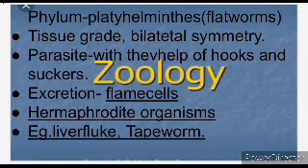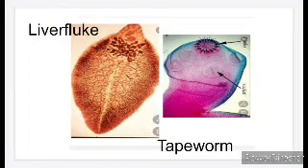For excretion, there are specialized cells called flame cells, which remove wastes from the body. This organism is a hermaphrodite, which is very important. Hermaphrodite means male and female sex organs are present in the same organism. Examples are liver fluke and tapeworm.